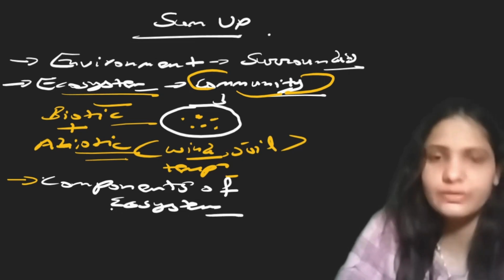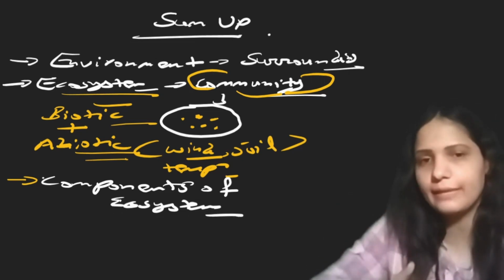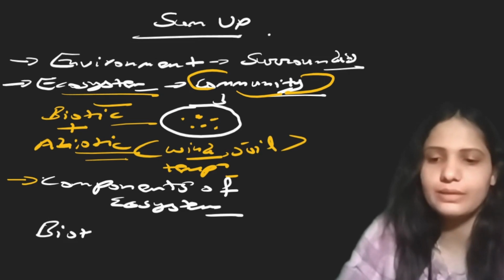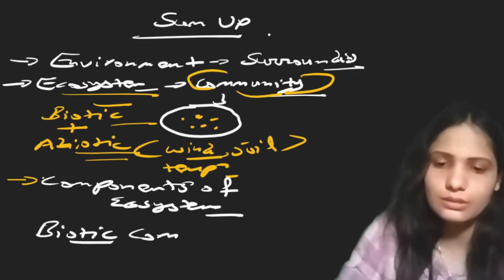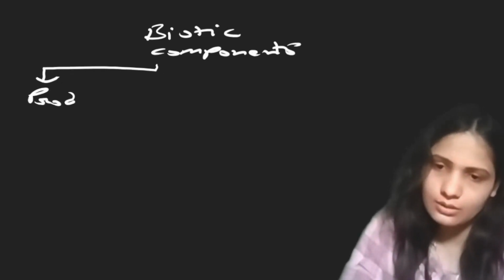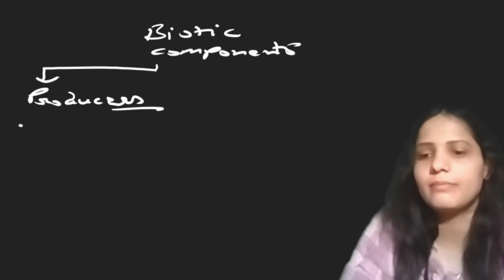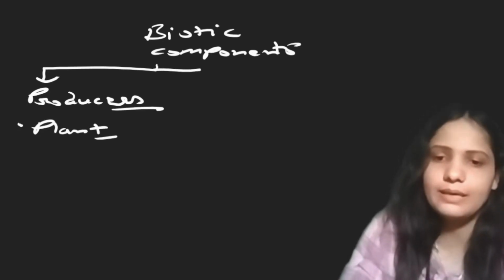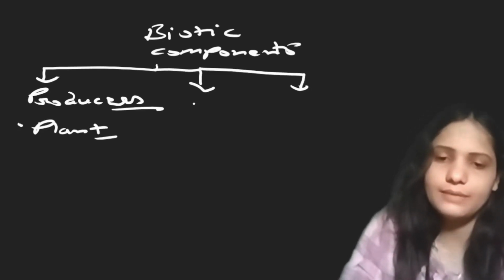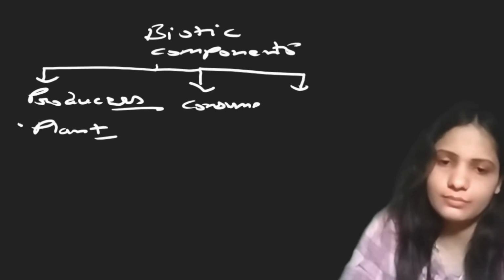In an ecosystem we have two types of components, biotic and abiotic, and today we have discussed biotic components in detail. In biotic components, first we have seen producers, and from producers what comes to our mind is plant. P for producer, P for plant. Next we have consumers, and third is decomposers.